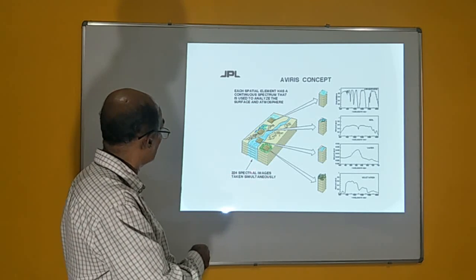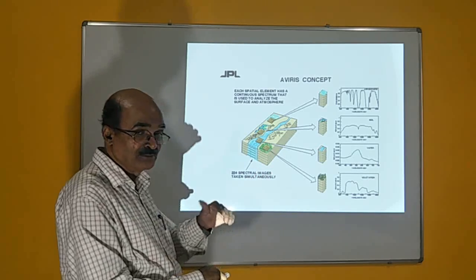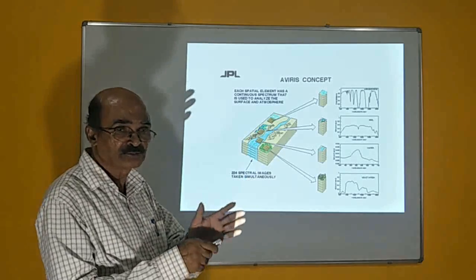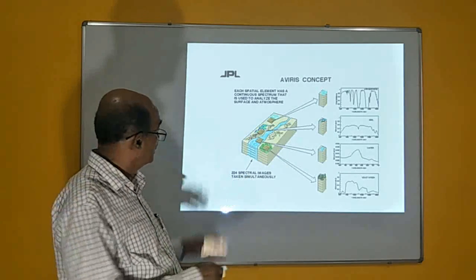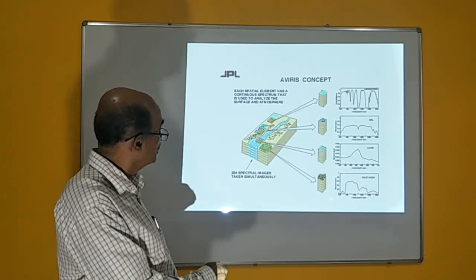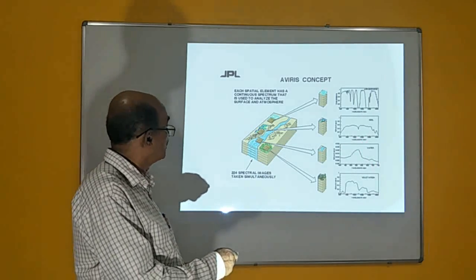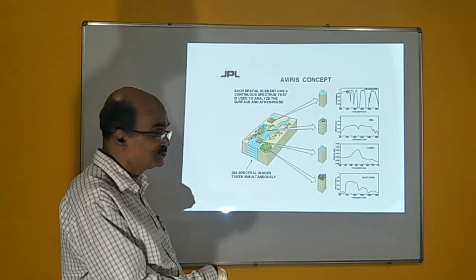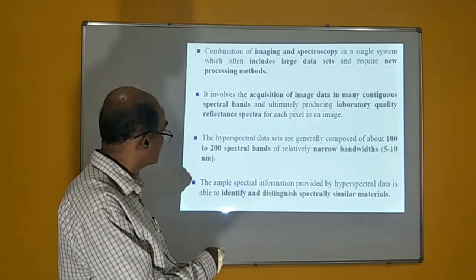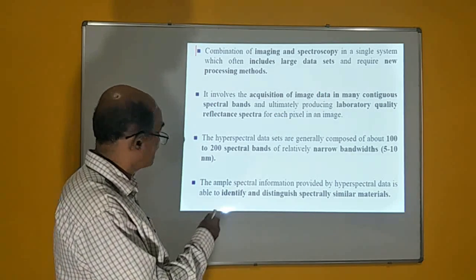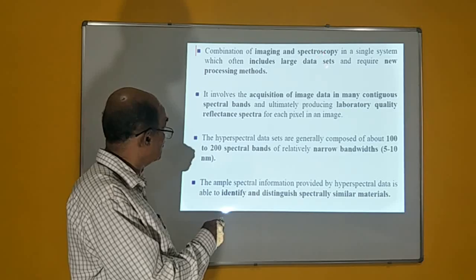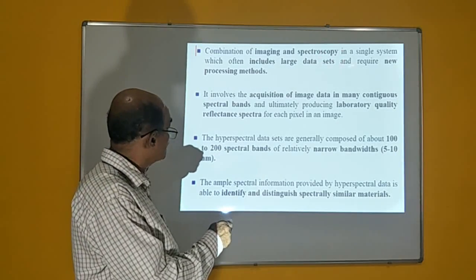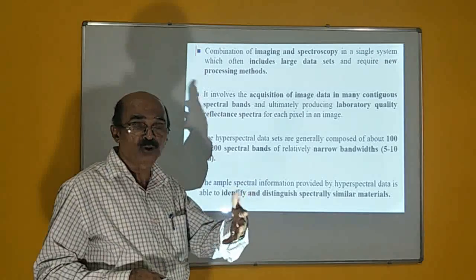See, with 224 spectral bands, all these 224 bands of data have been collected simultaneously, and you are making use of the visible to short wave infrared region of the electromagnetic spectrum. That means minute differences of the Earth surface features can be differentiated with the help of hyperspectral remote sensing. So here, hyperspectral remote sensing is a combination of imaging and spectroscopy in a single system, which often includes large data sets and requires new processing methods.